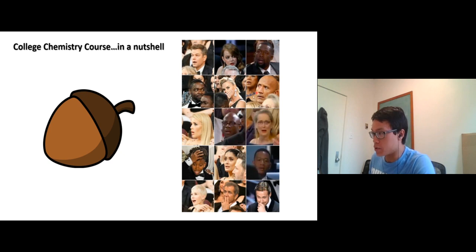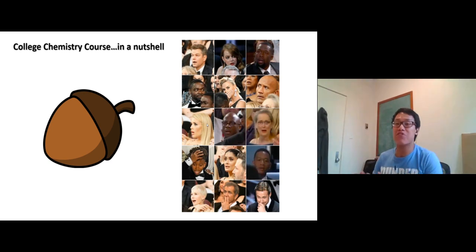This guy also looks confused. She looks kind of scared, a little scared right here. She looks horrified. Some students are horrified with the chemistry course. Some students have their hand on their head, confused, and someone is laughing. I don't know what happened there. That's the reaction that we usually get from a college chemistry course.